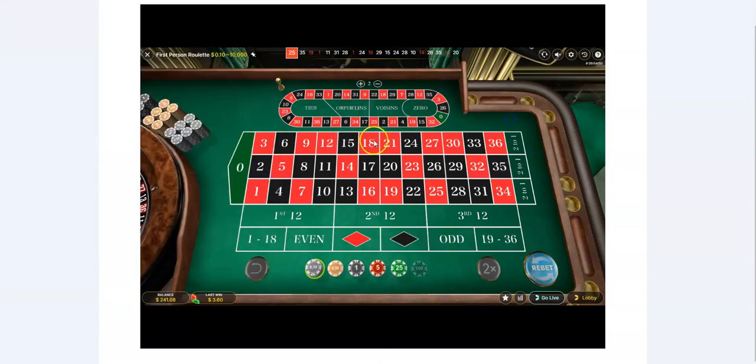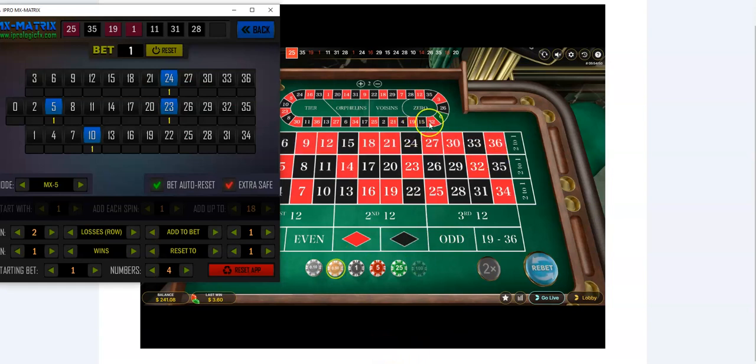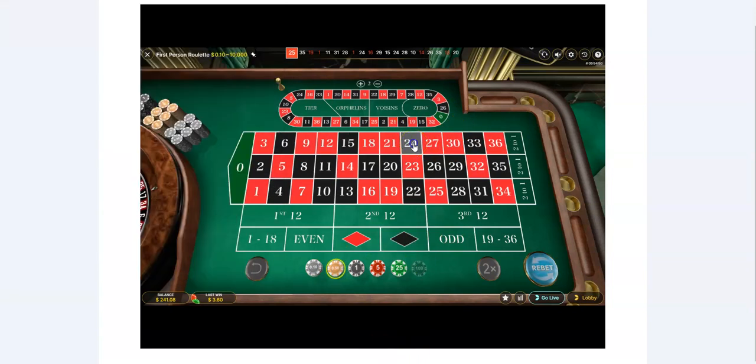It'd be nice to just make 10 bucks profit, right? So here's my numbers: 24, 23, 10, 5, and of course a 0. So this goes like this. Top, left, right, and top. And bottom. Wait. That's wrong.